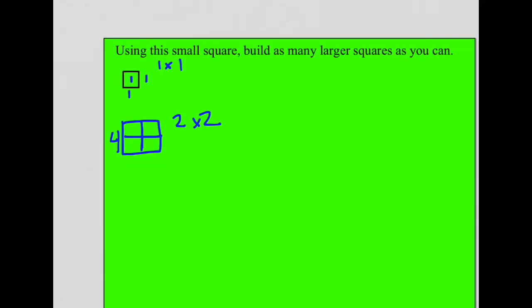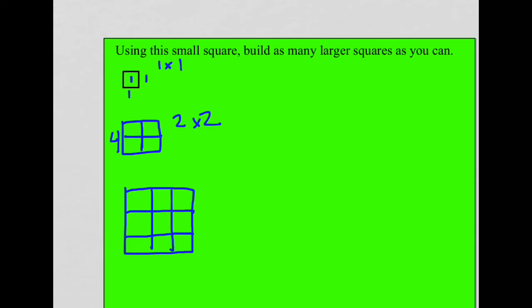The next square I could make using those mini squares would be something a little larger. And again, normally I would have had you build it, but this time I'm just going to draw it the best I can, so it's not going to be perfect. We would have had something like this. Again, this isn't perfect, right?